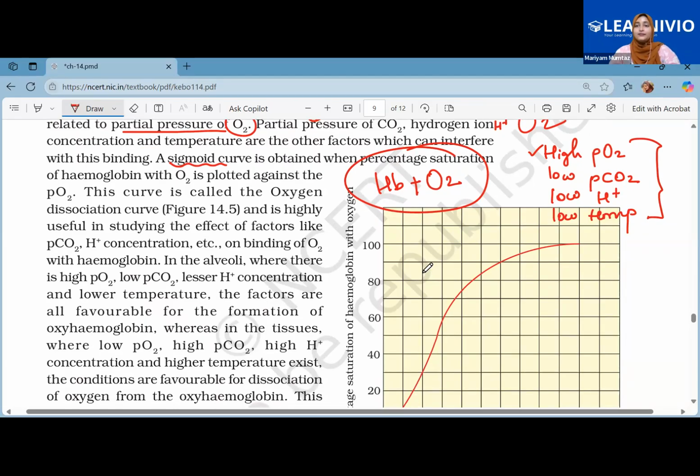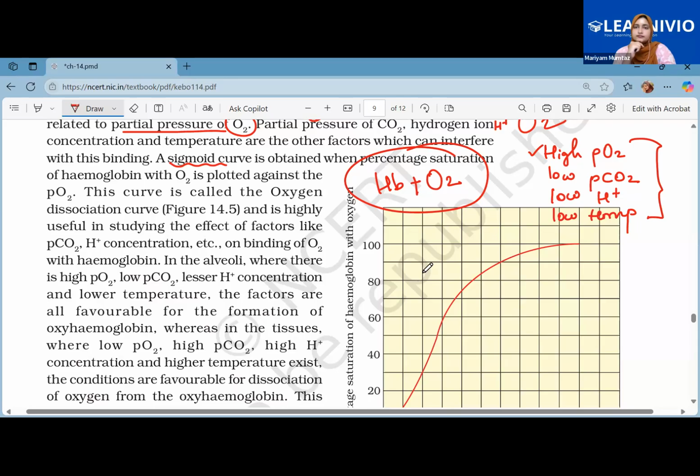So if I'm giving you two places, one is the body cell, the other is the alveoli. Now tell me, in the alveoli, will the hemoglobin dissociate with the oxygen or associate with the oxygen? Associate. Why?